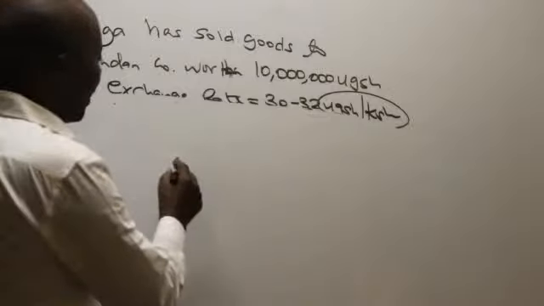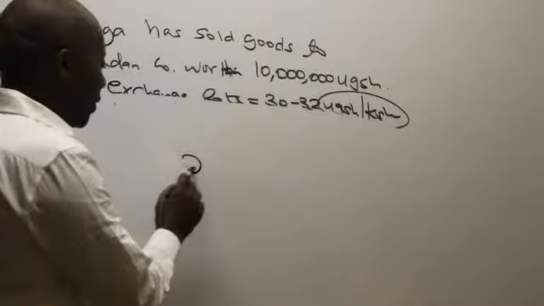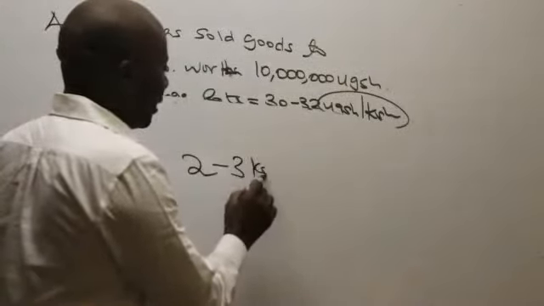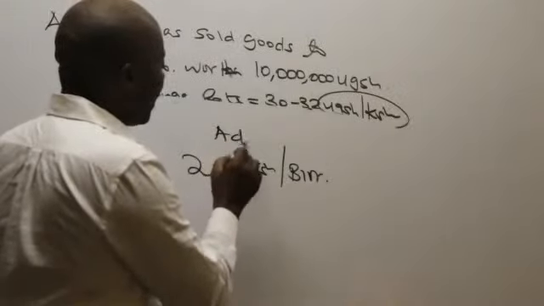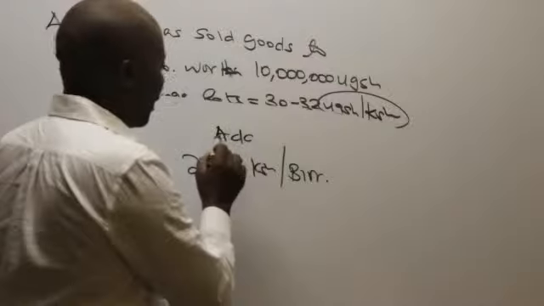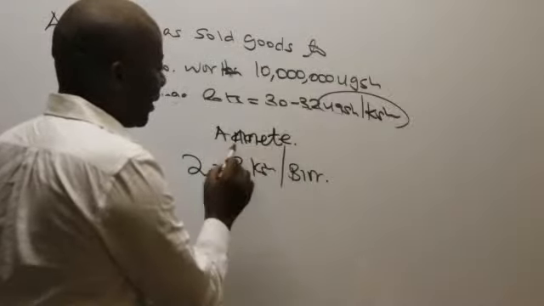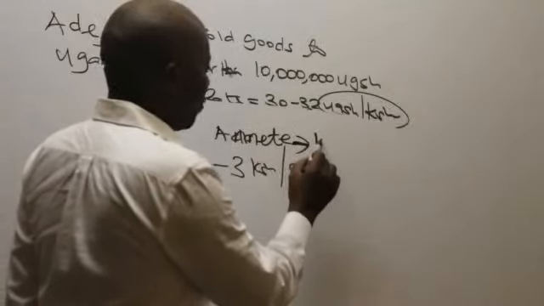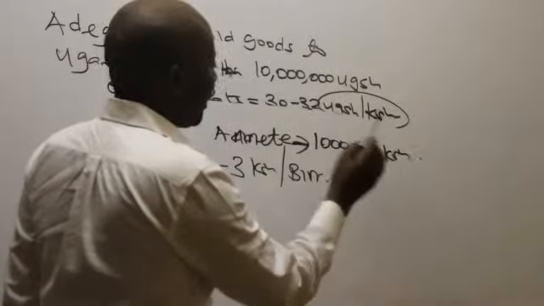Great. So then we have in this case here, Adega's case. We have 2 to 3 Kenya shillings per birr. And then now Annette, in this case here, has got 1 million Kenya shillings.